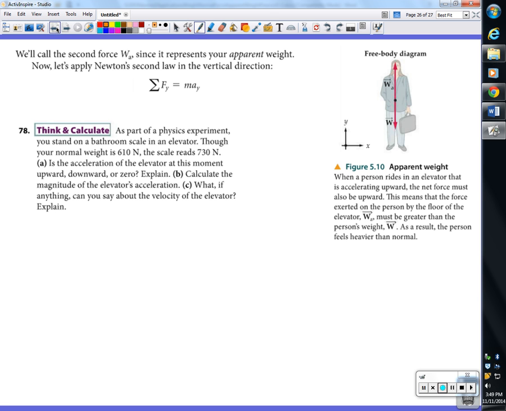So anyway, it says, as part of a physics experiment, you stand on a bathroom scale in an elevator. Though your normal weight is 610, the scale reads 730. So two parts. Part A is the acceleration of the elevator at this moment, upward, downward, or zero.